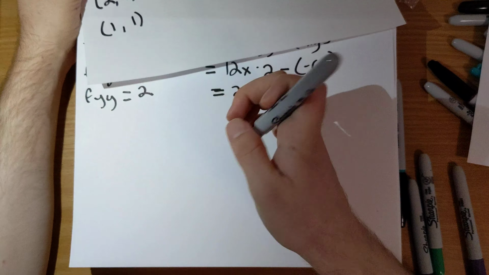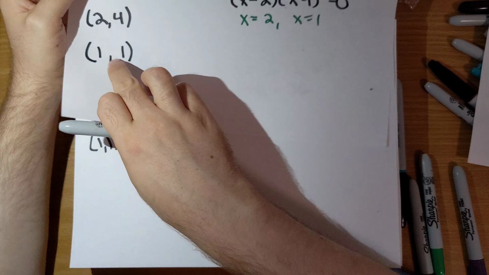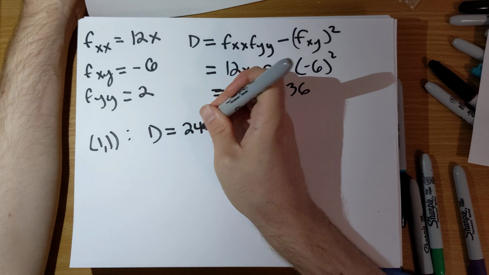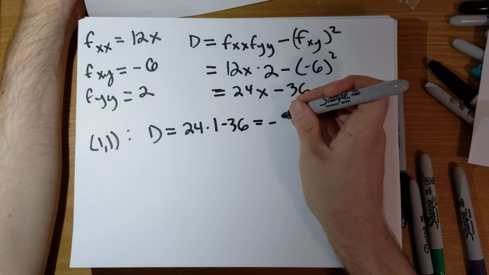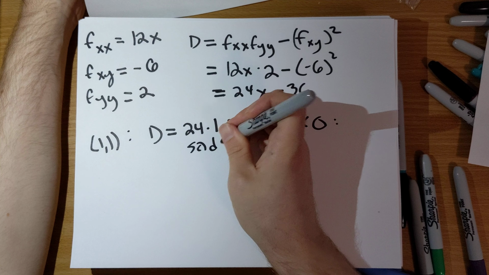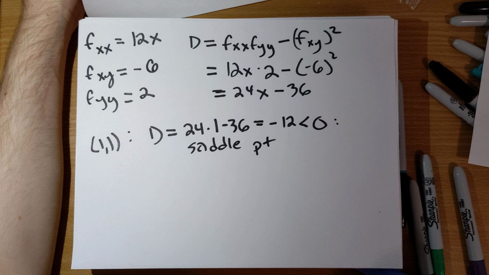At (1, 1), let's do this point first, the discriminant is 24 times 1 minus 36. That is negative 12. That is negative, and so when the discriminant is negative, that tells us that we have a saddle point.